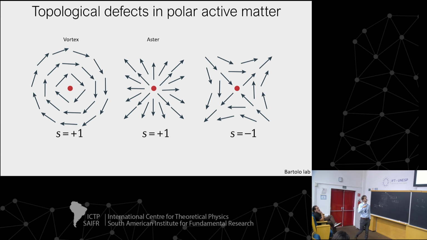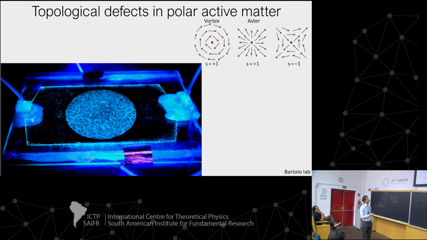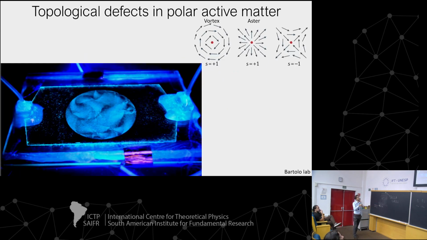You can have vortices and so on. In order to have this one, actually, you need compressible flows. You need to have density variations, but these ones don't require any compression or extension, and you can observe them very readily by just putting in a polar active fluid.